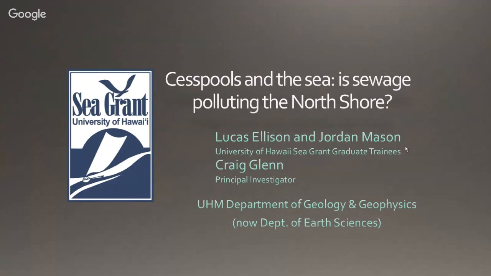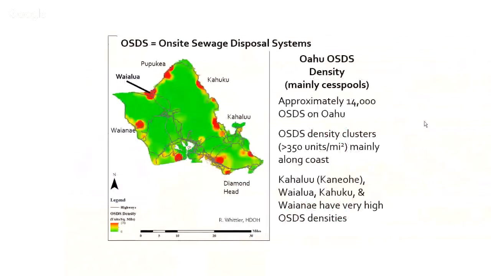Okay. So first, I wanted to give you a little background. This is the island of Oahu, where we are. We're down here somewhere. This is showing the OSDS density map. OSDS stands for On-Site Sewage Disposal Systems.